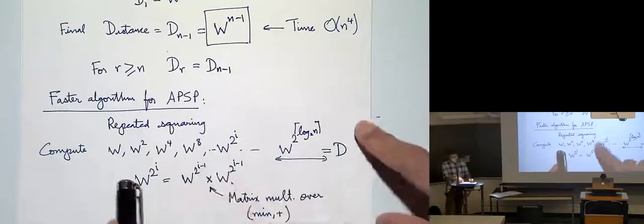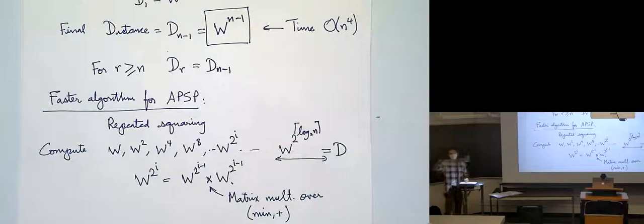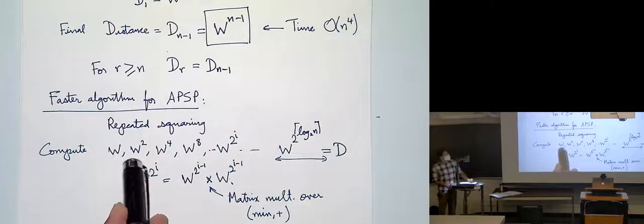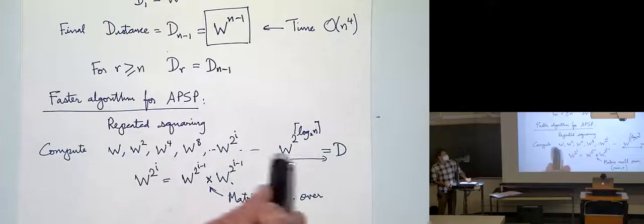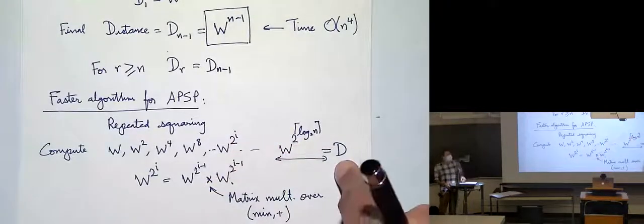You want this nth power, and instead of doing it sequentially, which is W, W squared, cube, 4th power, 5th power, do squares. Just keep squaring your matrix. Start with the matrix, square it, square, square. Once you do log n squaring operations, you end up with a distance matrix.